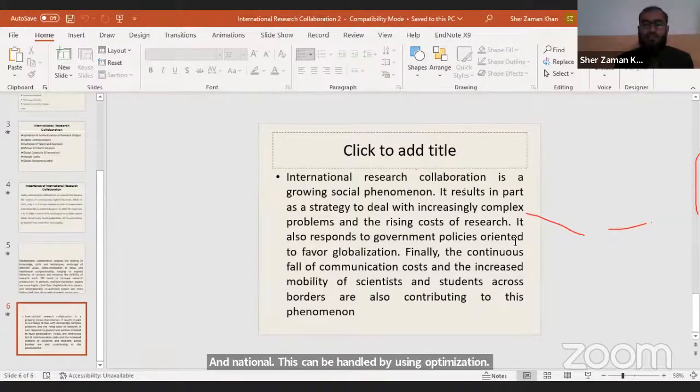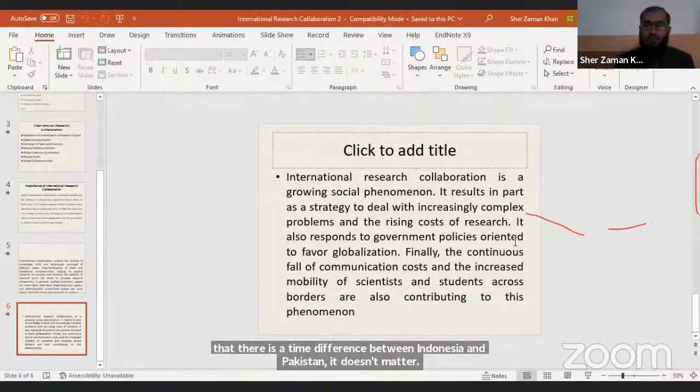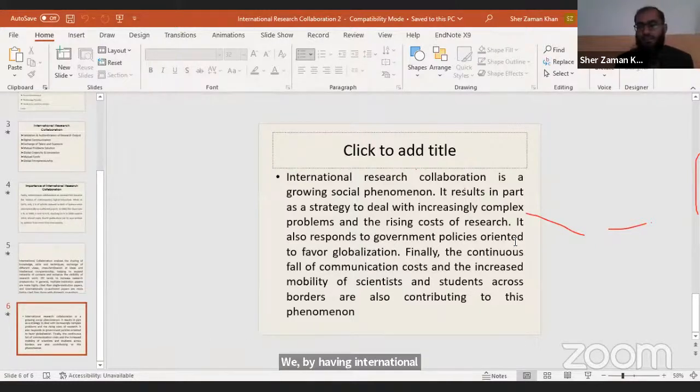For example, if there is a time difference between Indonesia and Pakistan, it doesn't matter. By having international research collaboration, we can have video links, we can share videos, audios, or we can manage our time accordingly.